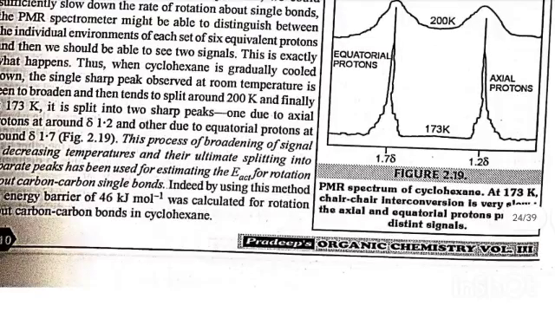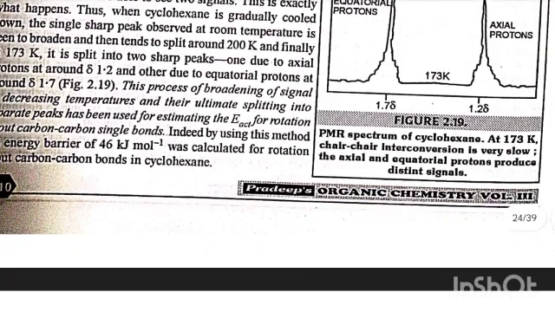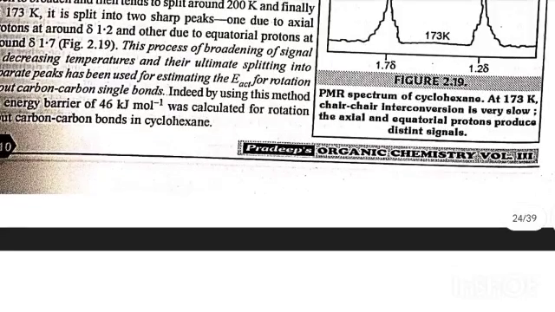Thus, when cyclohexane is gradually cooled down, the single sharp peak observed at room temperature is seen to broaden and then tends to split around 200 Kelvin, and finally at 173 Kelvin it is split into two sharp peaks, one due to axial protons at delta 1.2 and the other due to equatorial protons at around delta 1.7.